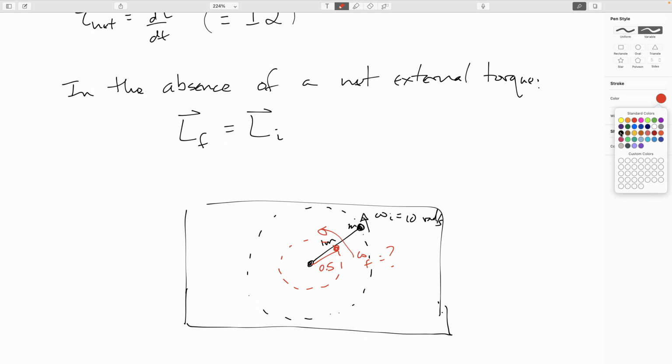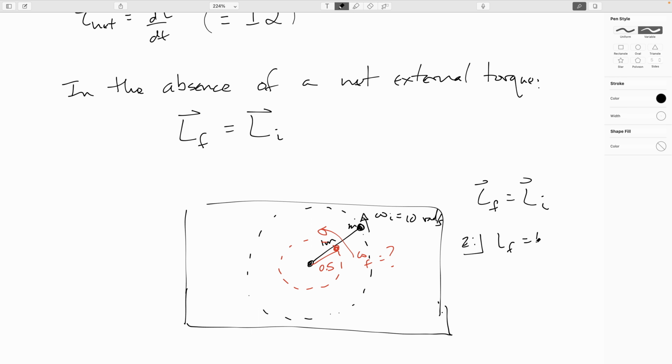Well, what we can do here is say L final equals L initial. You should be able to convince yourself via the hitchhiker rule that both angular momenta are pointed out of the monitor, in the z direction. So we can take the z component and say L final equals L initial. That's I final omega final equals I initial omega initial.